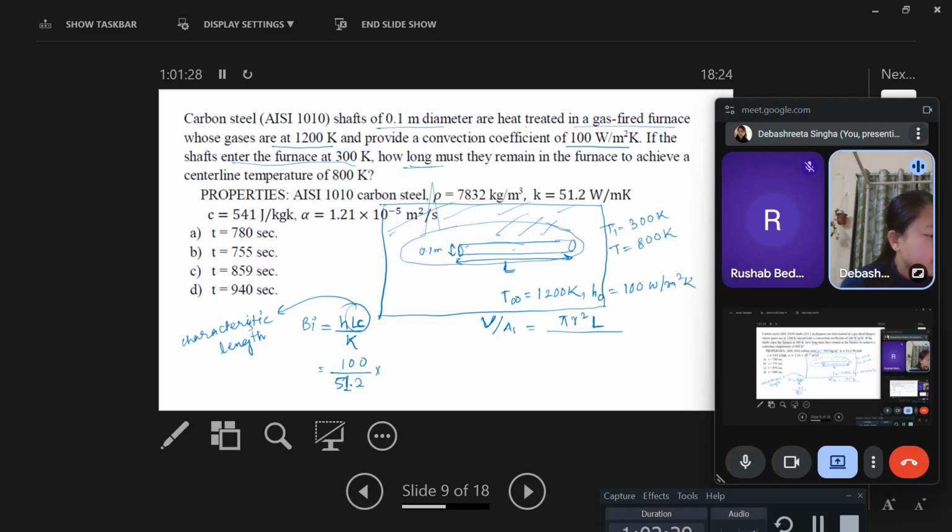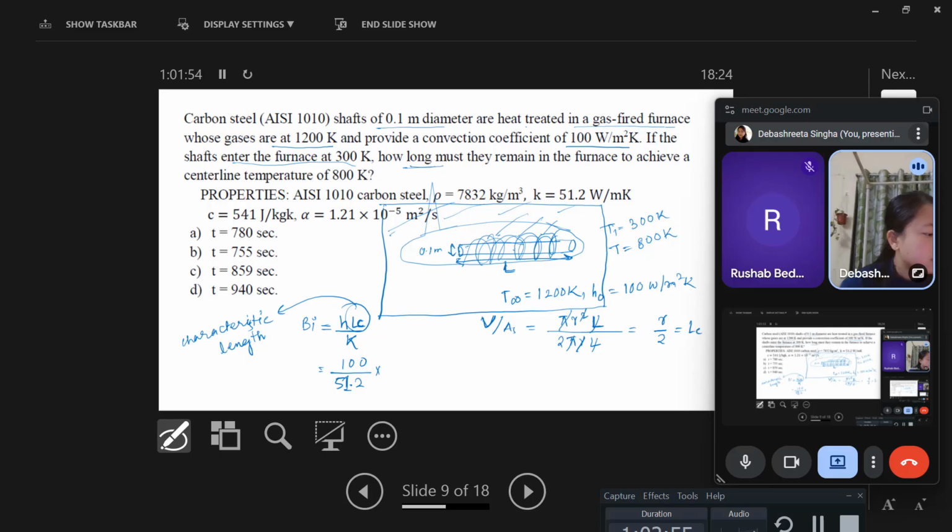and surface area is, you have to consider the surface area, not the cross section, because the heat transfer is taking place along this surface area. So it is 2 pi r into L. If you cancel this, you get r by 2.